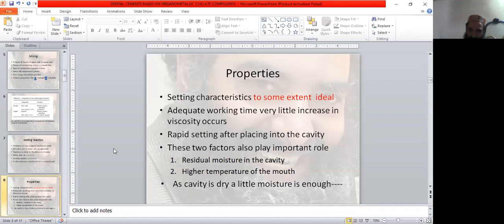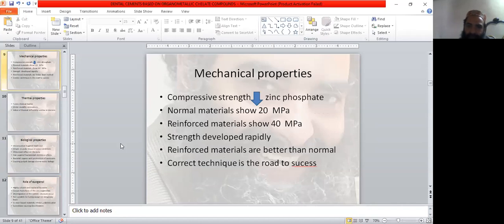Number two, higher temperature of the mouth accelerates the reaction. But as we prepare the cavity, we have to dry it, or the cavity is having a little bit of moisture, but this little bit of moisture is enough to accelerate the reaction. Not a mouthful of water is necessary to accelerate the reaction.